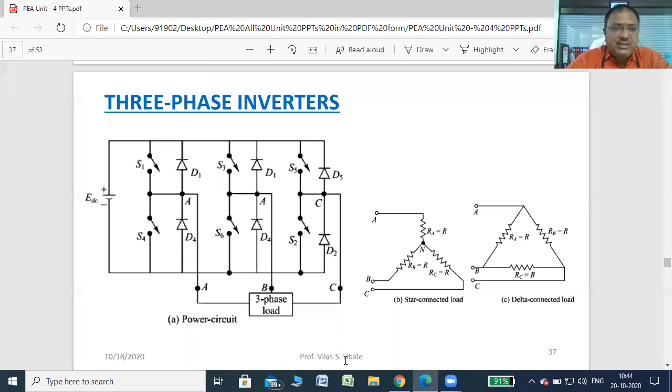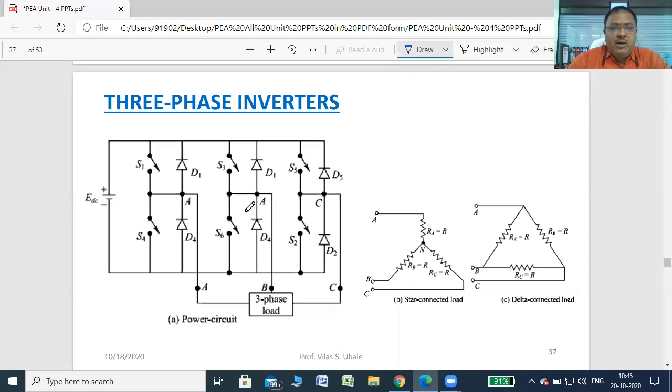For better understanding, these devices are replaced with switches, so that you can easily understand when the device is on and when it is off. If the switches are closed, then we consider that the device is on.